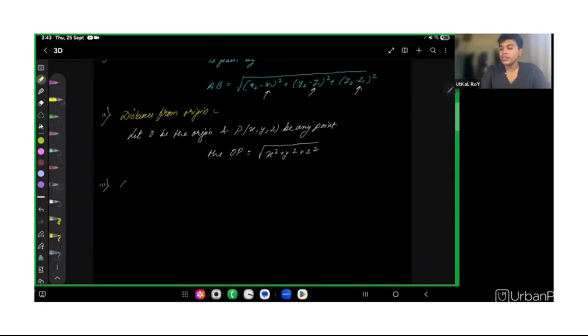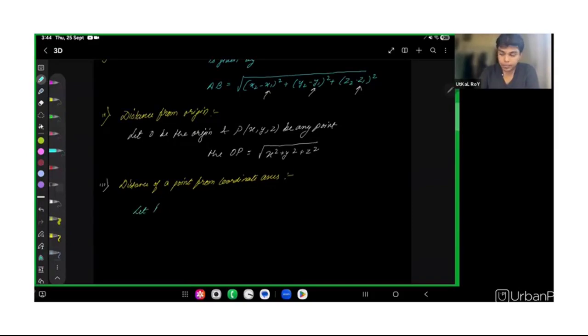Now, let's talk about the distance of a point from the coordinate axis. We're talking about the distance of a point from the coordinate axis, so there will be no origin here.